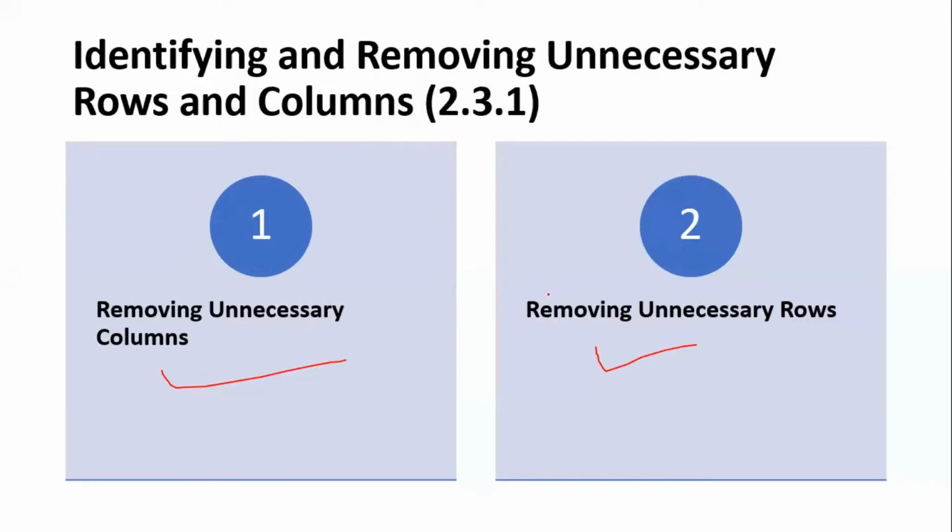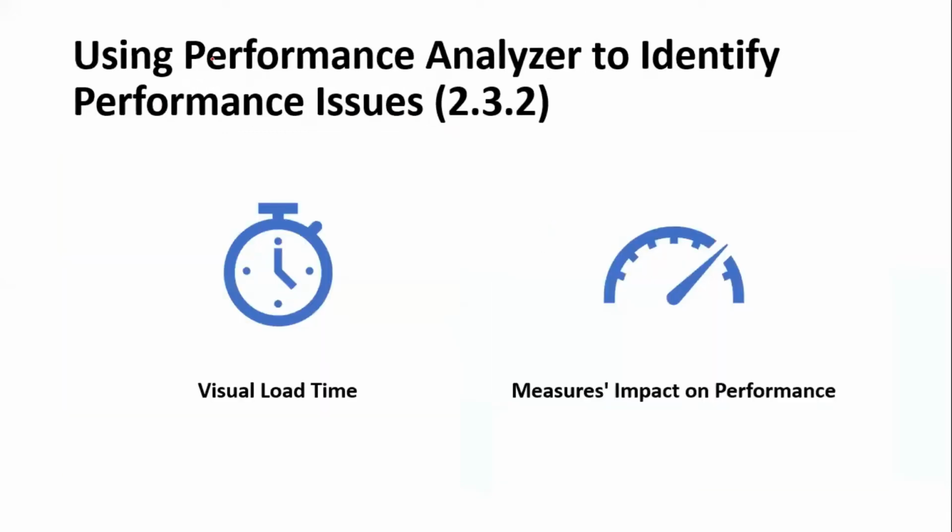So what is the next thing that we have? We have using Performance Analyzer to identify the performance issues. Two things are there in this particular analysis of Performance Analyzer. First is visual load time, we can identify what the visual load time is.